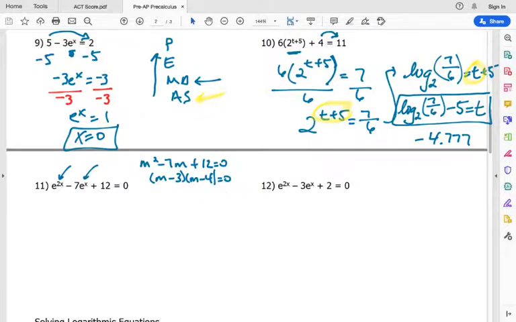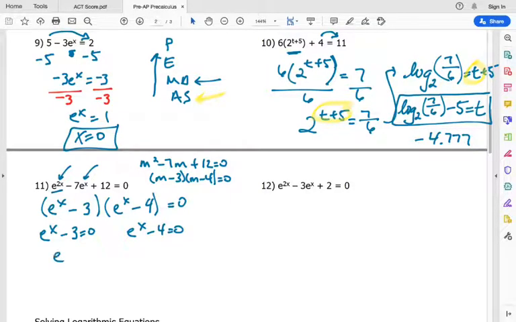Well, you've basically got the same situation here. You've got e to the 2x, and then you've got this e to the x. So think of this as e to the x here and here in your factors, because e to the x times e to the x is e to the 2x. And then you're going to have minus 3 and minus 4. And then you'll set each factor equal to 0 in order to solve.